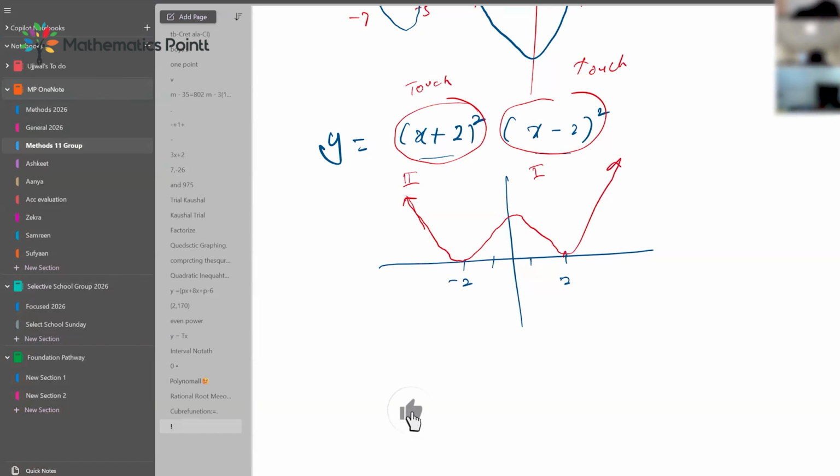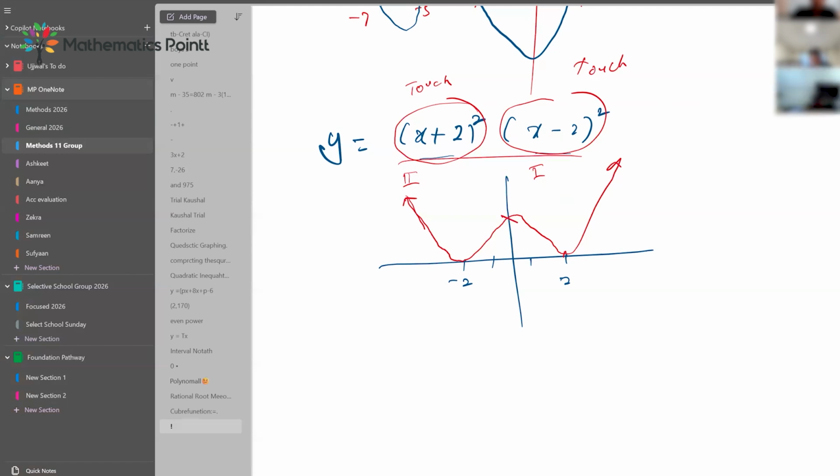Is this clear, everyone? What am I doing here? This is the simplest version of graphing any graph that you have by hand. Obviously, with respect to intercepts, etc., you have to do calculation. But the moment you see a graph in factorized form, your mind should tell you straight away what it should look like.